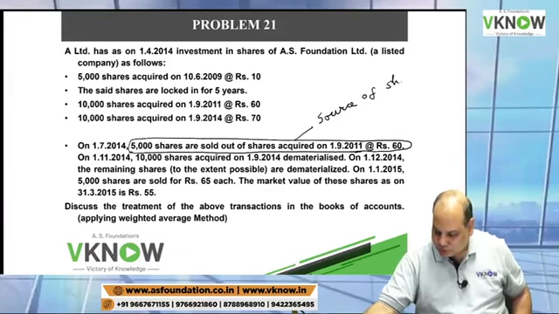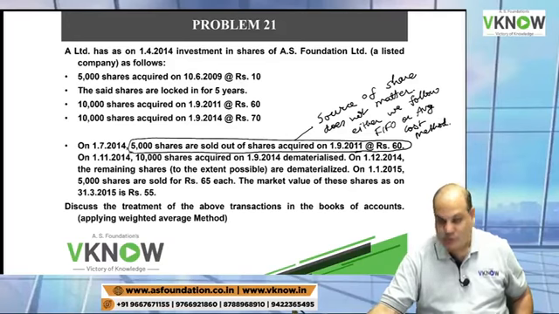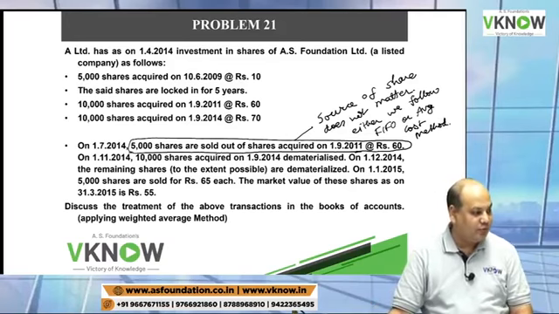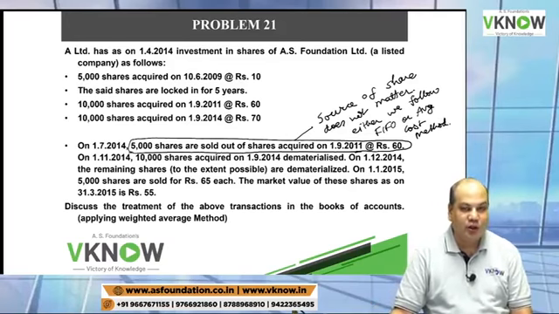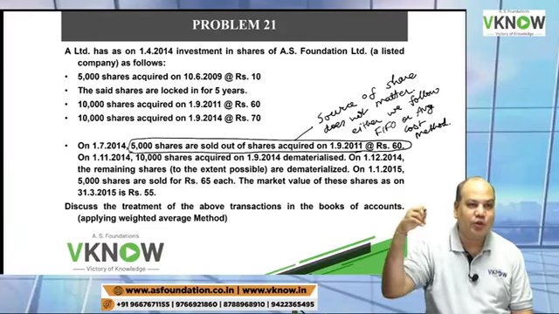Either we follow FIFO method or we follow average cost method. We don't do pick and choose. This is not your departmental store. You will choose some item whichever you want to sell.